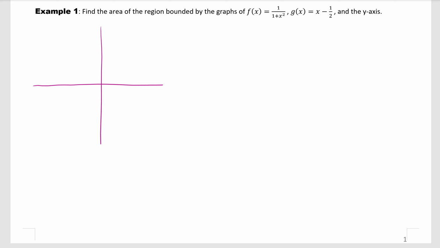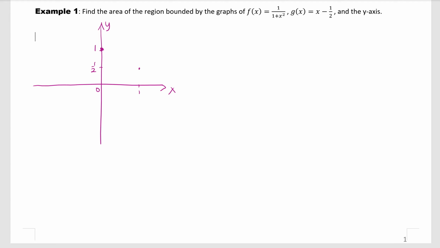So we have the x-axis and y-axis. Let's first graph the function f. We plug in x is 0, then we get 1. So we pass through this point. And when x equals 1, we get 1 over 2, which is right here.